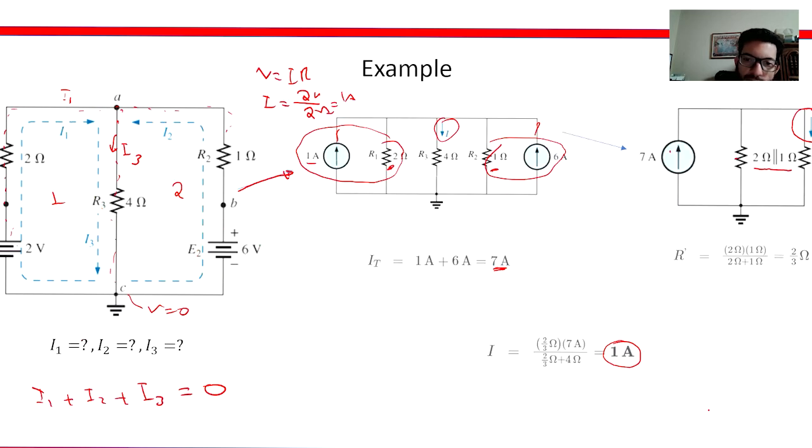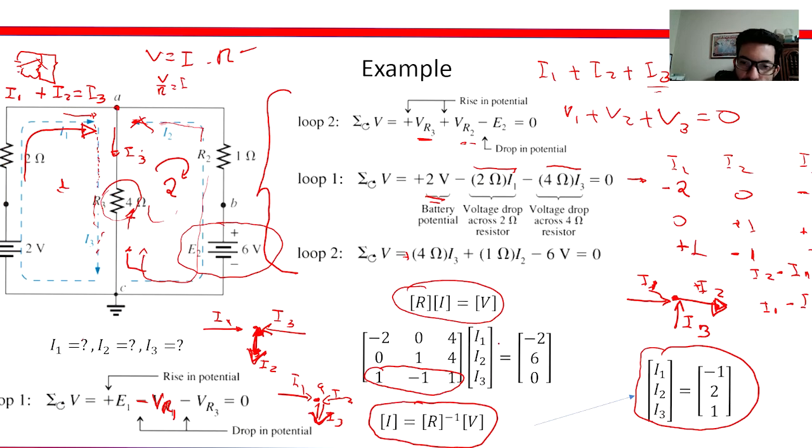And before, we were able to find I3, which is equal to 1. So those answers should match. I3 equals 1 with this method and with the previous method, because the circuit is the same. So to recap, when you use the mesh analysis, you always have one equation given, which is the summation of currents at a node.